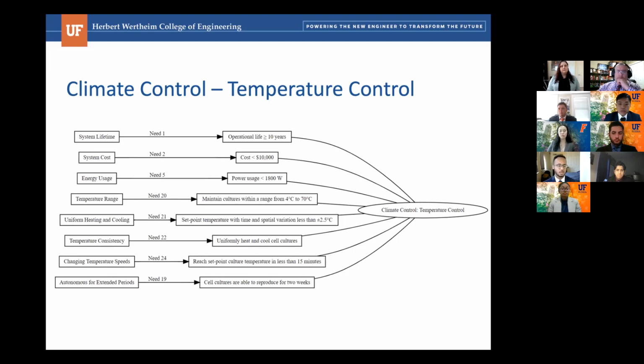One of the really important needs was that this temperature control needed to maintain cultures within a range of 4 degrees Celsius to 70 degrees Celsius. And this was also aided by Austin's casing, with the insulation provided by the styrofoam and also the aluminum.